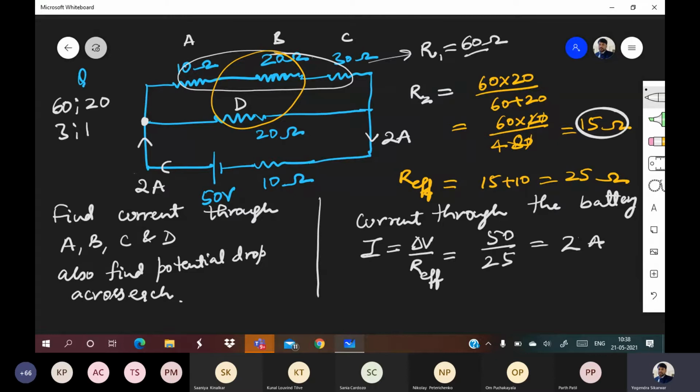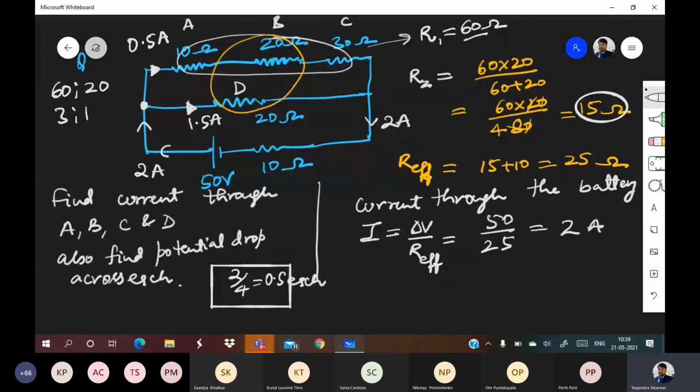So if you divide this current into 4 parts, 2 divided by 4 will be 0.5 each. 3 parts will go from here because it will be in the inverse ratio. So 3 into 0.5 will be 1.5 ampere and 0.5 will be going from the upper one.